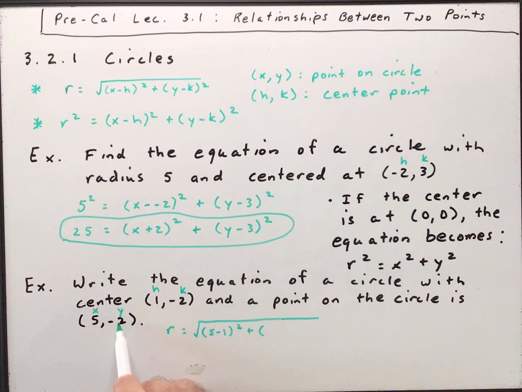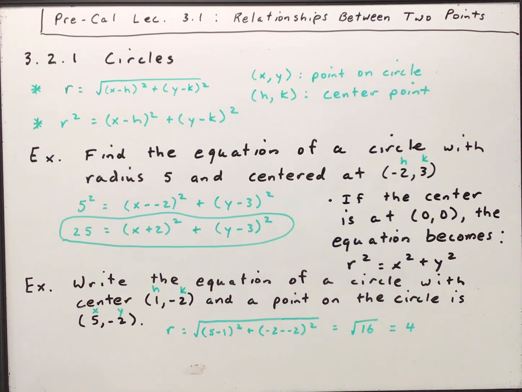Well, what is y? Negative 2 minus negative 2 all squared. Well, that's going to be 0. Negative 2 plus 2, that's 0. So this would be 4 squared. Square root of 16, which is 4. So we have a radius of 4.